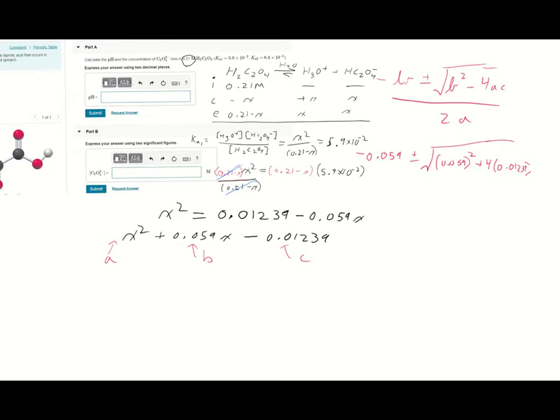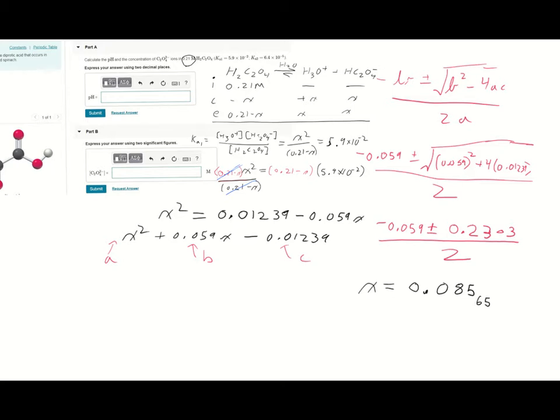First of all, do I use the plus or the minus? Well, notice that I've got a negative in front of my b, and you can't have negative matter, so you have to go positive. Otherwise, you wind up with a negative number. So it's going to be negative 0.059 plus 0.2303, and that gives me x is equal to 0.08565 molar.